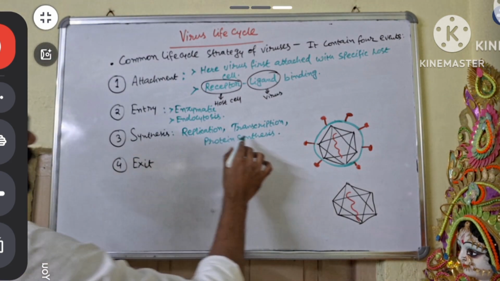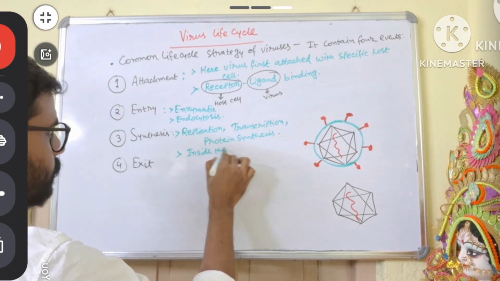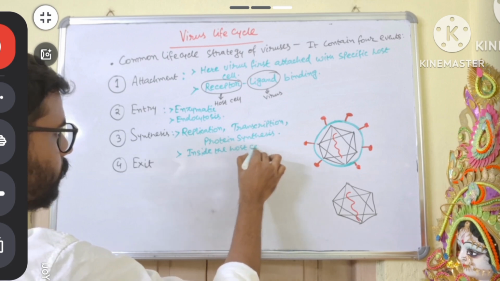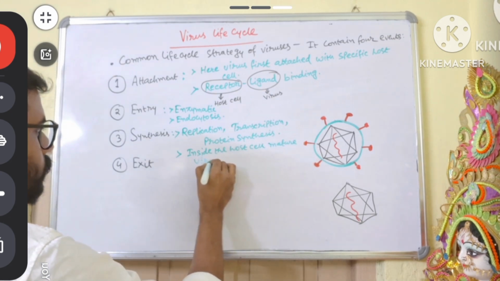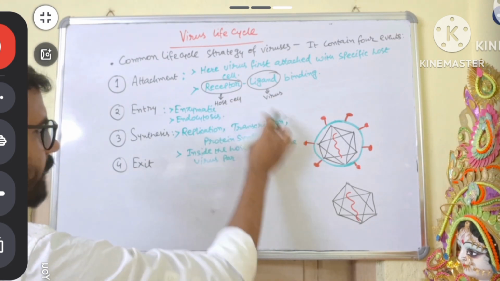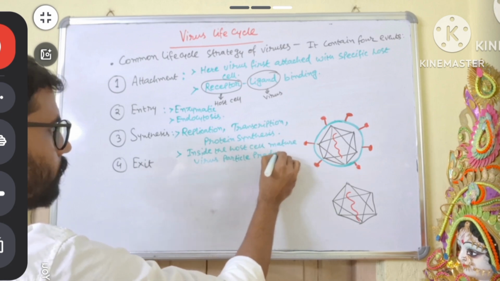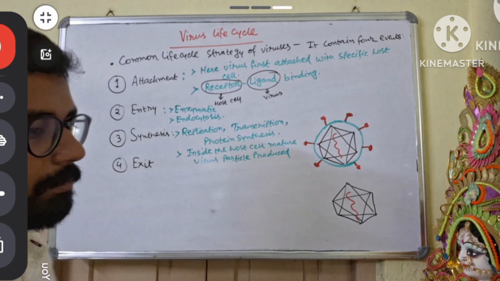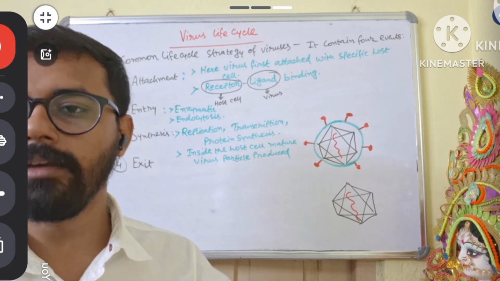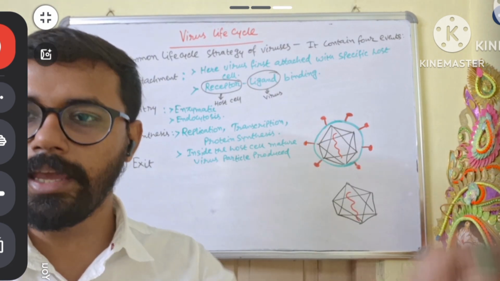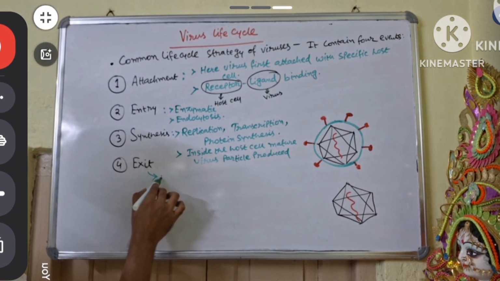So after replication, transcription, and protein synthesis inside the host cell, mature virus particles are produced, because everything is assembled into mature virus particles. After enough mature virus particles are produced, they start to lyse the cell and release from this host cell and gain entry into another host cell. That's called event number 4, exit.